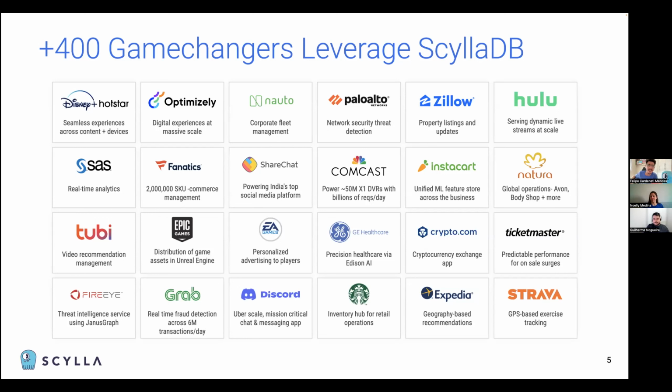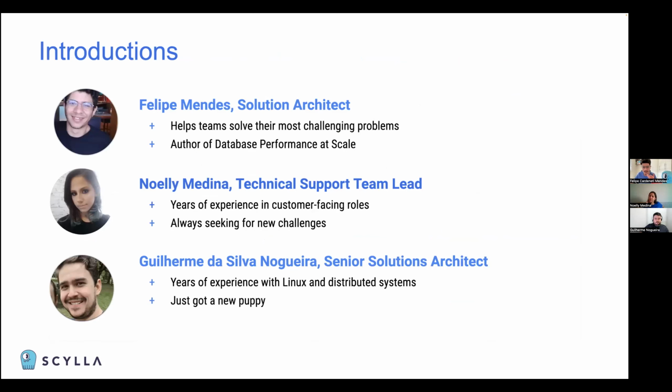As we can see, ScyllaDB is used across many different industries and for entirely different types of use cases. Therefore, if you have a need for high throughput and predictable low latencies, do take your time to talk to us. We'll be more than happy to hear about your story and know how and whether we are able to assist.